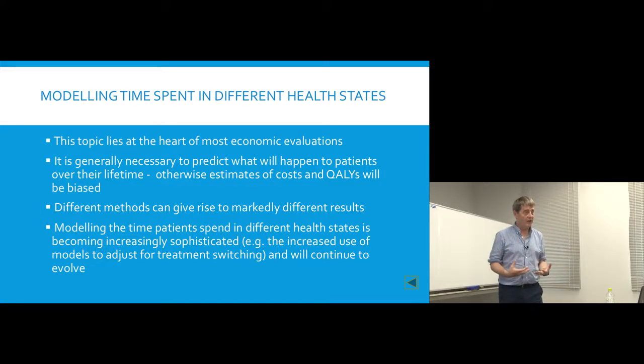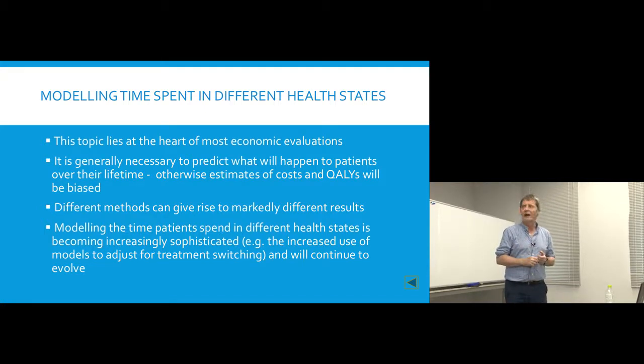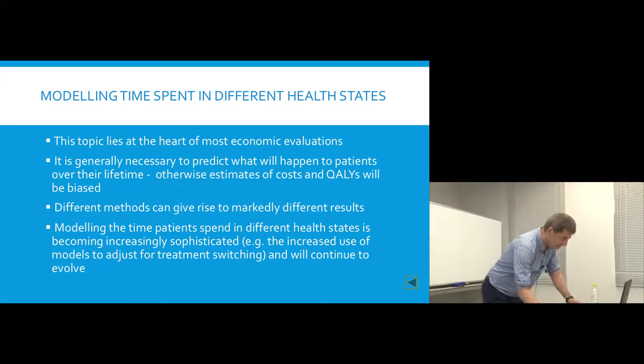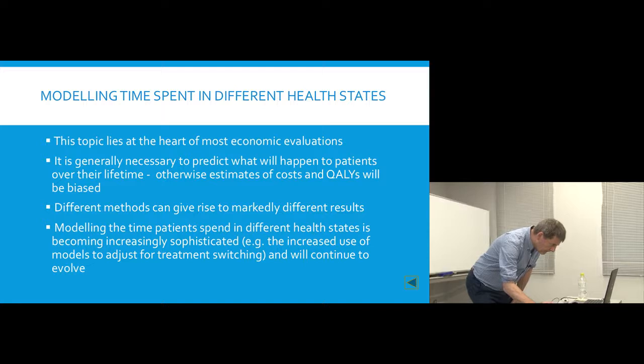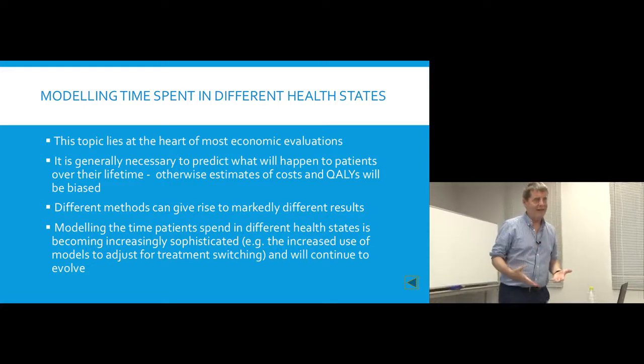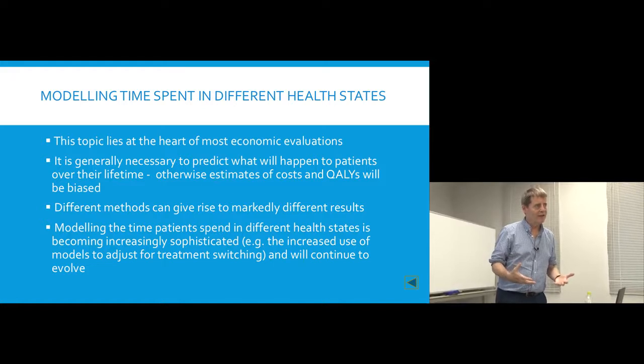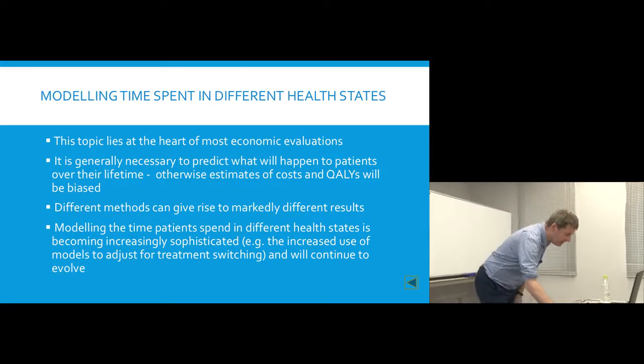You remember treatment switching was where a patient starts on one particular treatment, but possibly when the disease progresses, they switch to the other treatment that's involved in the trial. And the problems that gives rise to, and I touched on some of the techniques that are available for trying to control for the switching. Now, this list of things is a list of potential difficulties or challenges if you're going to get an accurate estimate of cost effectiveness.